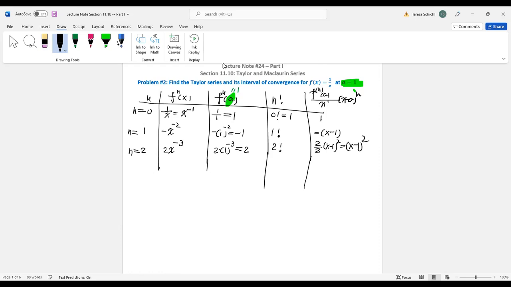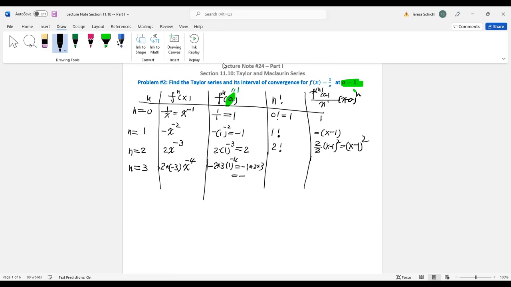Okay, we start to notice this looks like an alternating series, so we might need a few more terms to help us. So n equal to 3. Take the derivative: 2 times negative 3 times x to the negative 4th. Now you plug the 1 in here, so it will be negative 2 times 3 times 1 to the negative 4, which is negative 1 times 2 times 3.